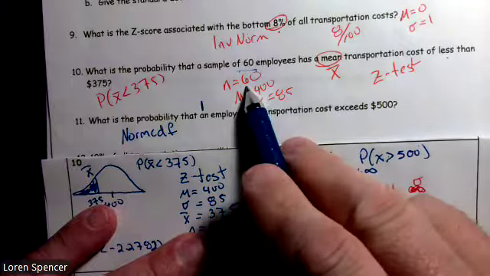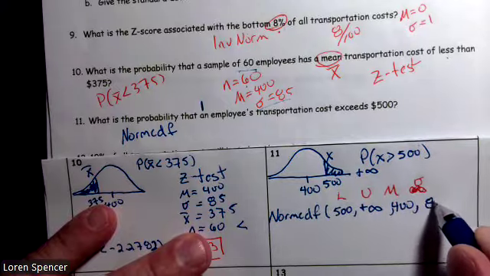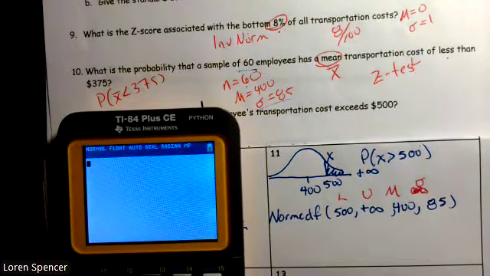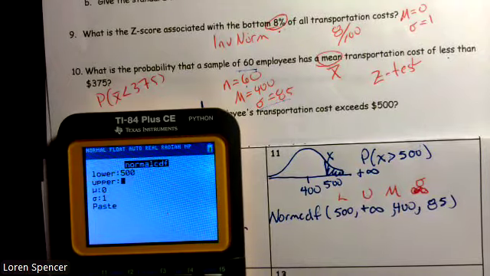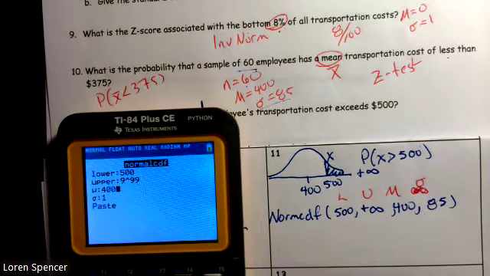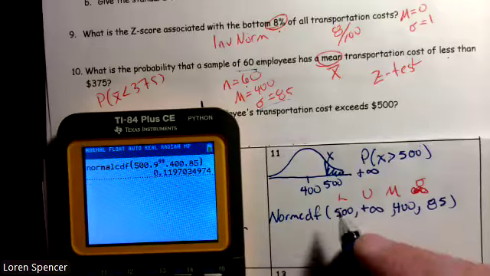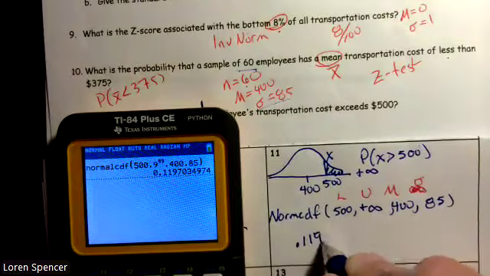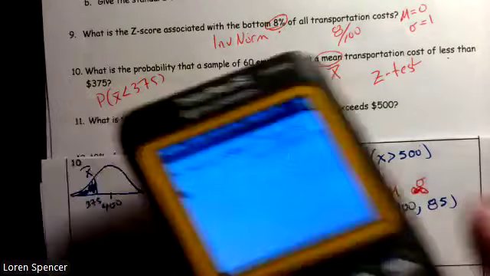And the standard deviation is the 85 that they gave us earlier in the problem. So, second vars, normal CDF, lower bound 500, upper bound 9 raised to the 99th, because that's the largest value the calculator will take, mean of 400, standard deviation of 85, and we end up getting 0.1197. All right, that takes care of that one.